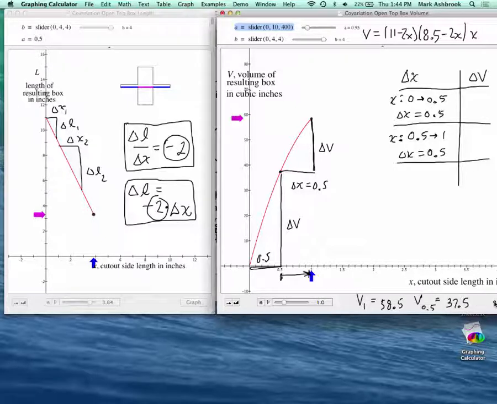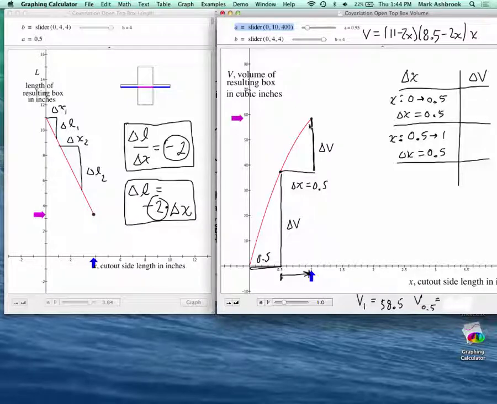I think I know that from earlier. Is that right? I'm just going from my memory. Well, looking at the graph, 58.5 sure seems about what we're getting at.